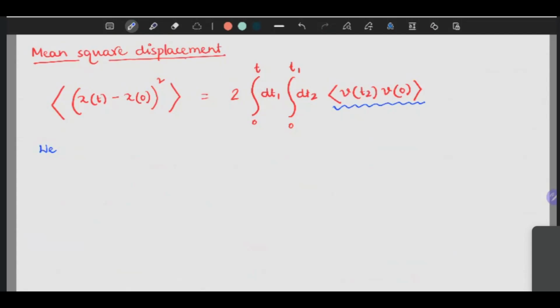Okay, so now how to do that? There will be two steps. First, if t is greater than t prime, or t is less than t prime, right?